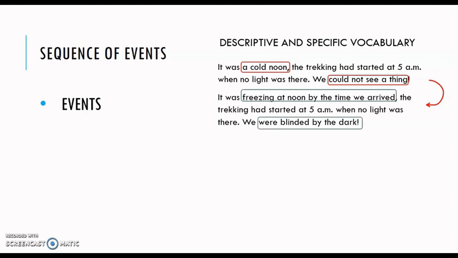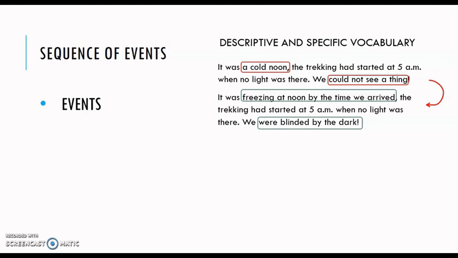We are replacing the red squares of the first sentence by the blue squares in the second set of sentences. We will change cold noon to it was freezing at noon by the time we arrived, which gives a lot more new information.